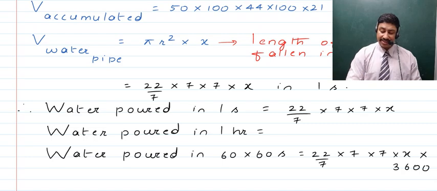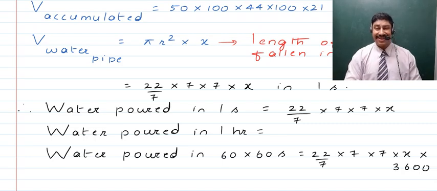So this is the amount of water in centimeter cube which has fallen off from the cylindrical pipe in an hour, right?